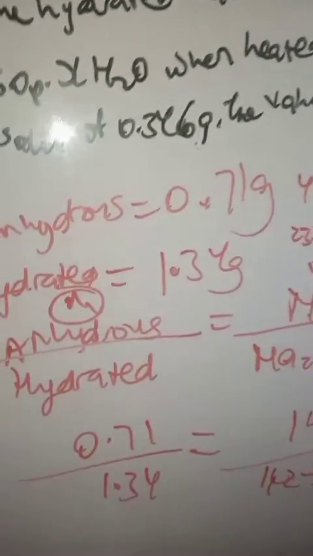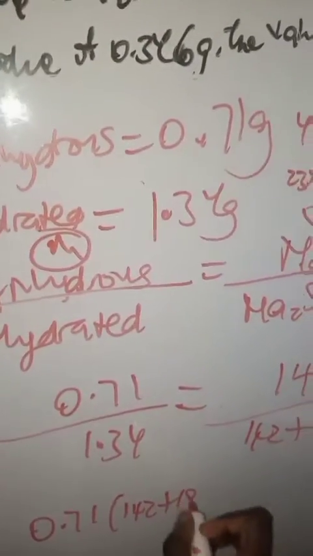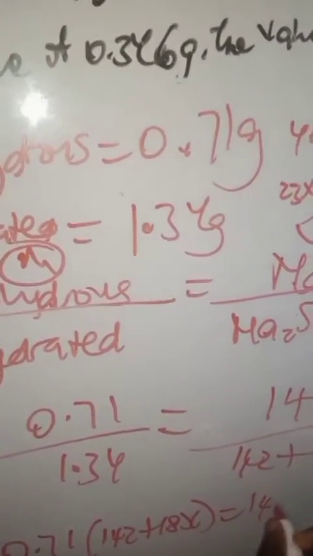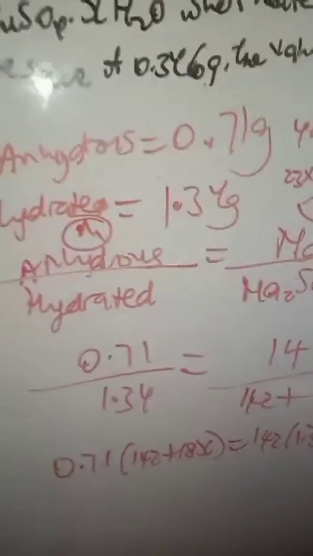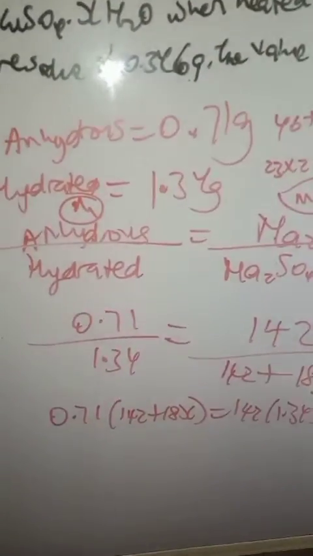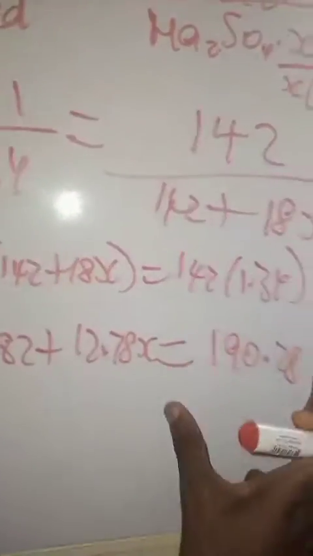So let's cross multiply: 0.71 into bracket 142 plus 18x is equals to 142 into bracket 1.34. Just try to calculate. I've pressed it here with my calculator. 0.71 times 142, that's 100.82, then the rest.